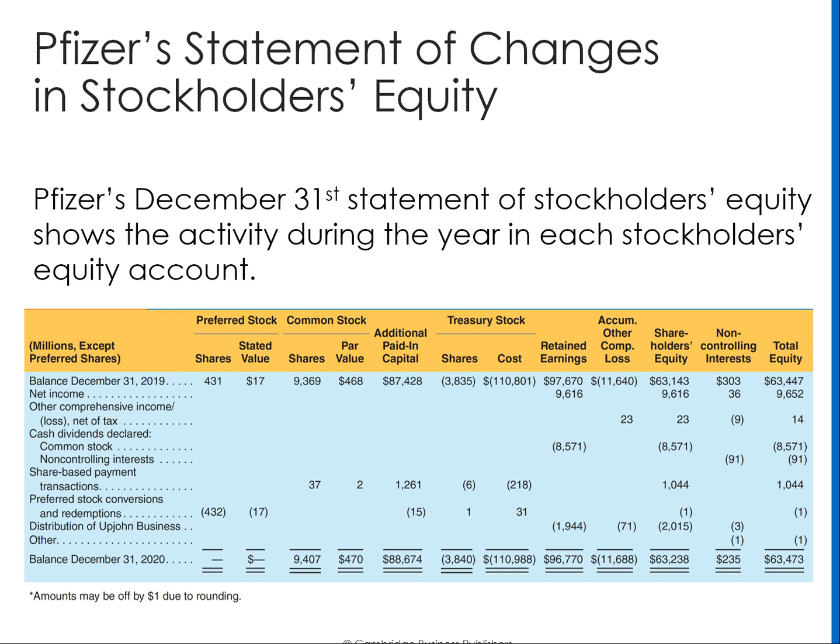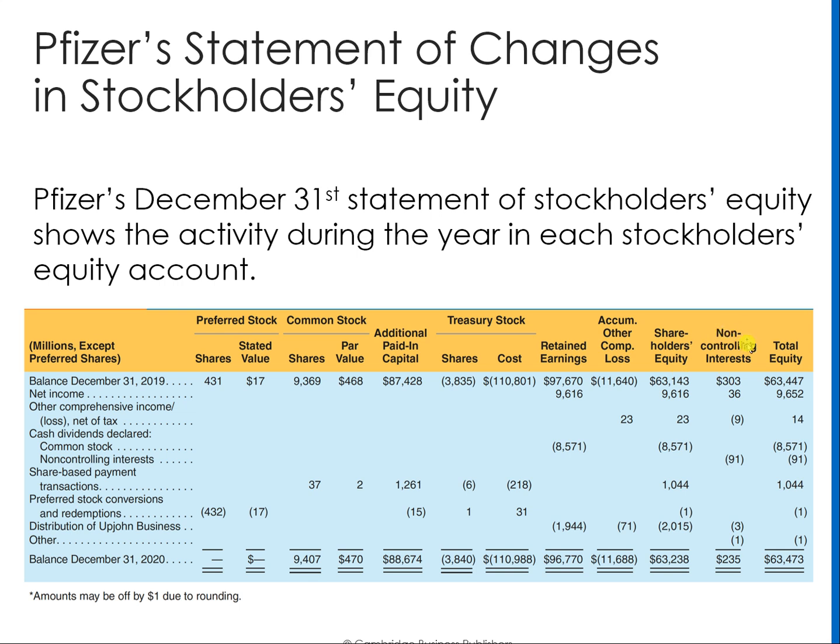So in the statement of changes in stockholders' equity, we're going to show the company's change in equity by various components. We have preferred stock, common stock, additional paid-in capital, treasury stock, retained earnings, accumulated other comprehensive income. All these are going to change the company's shareholders' equity.